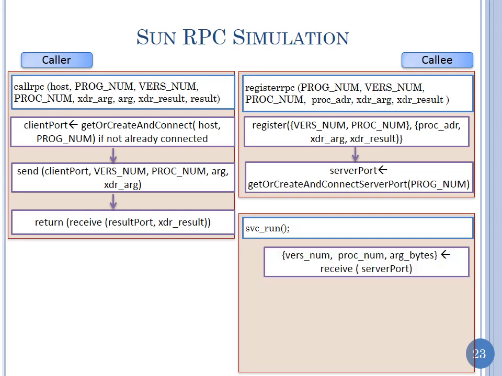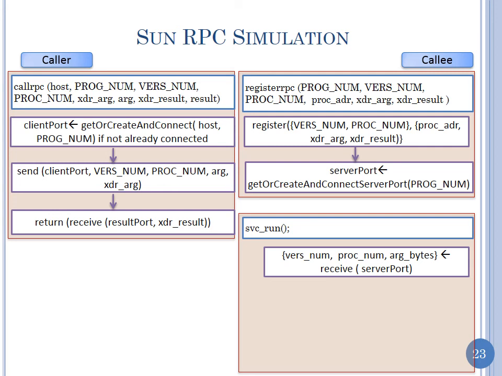Okay. And SVC run, whenever a message comes in, it extracts from the message the version number, procedure number, and the argument sent. Also, it extracts this information for a particular program. We're assuming that some system looked at the program number and decided that this is the process that will receive the message.